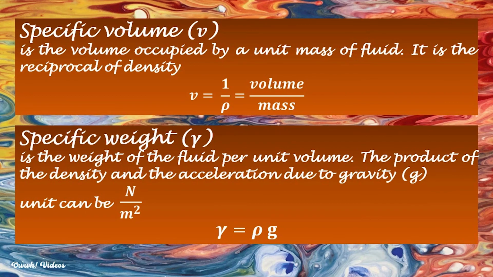It is the reciprocal of density. Specific volume is one over density, or volume over mass. Specific weight is the weight of the fluid per unit volume, the product of the density and the acceleration due to gravity. Unit can be newton per cubic meter.